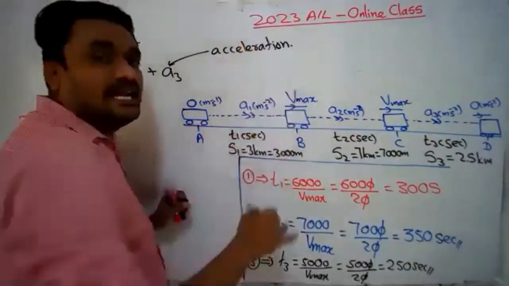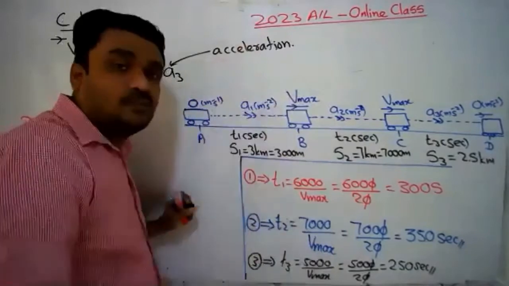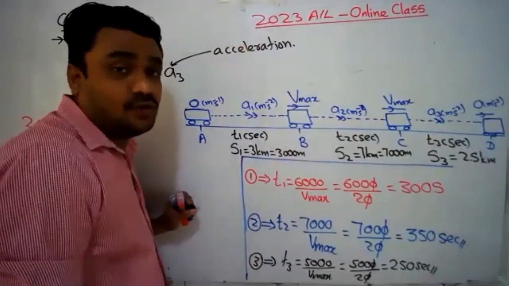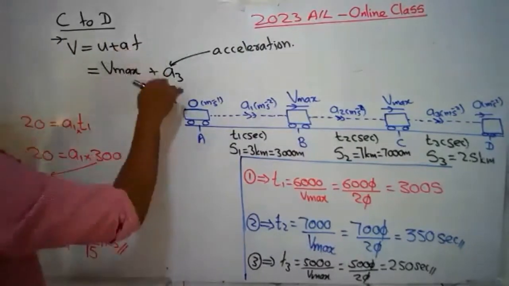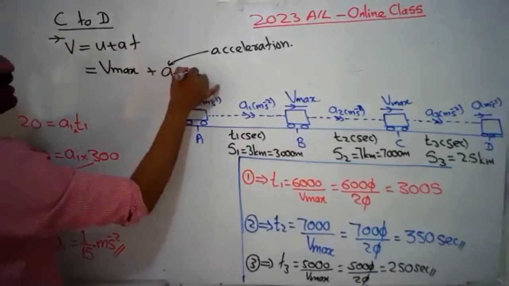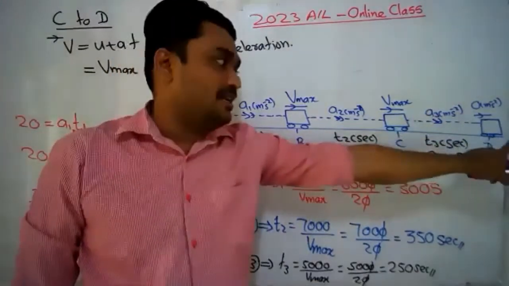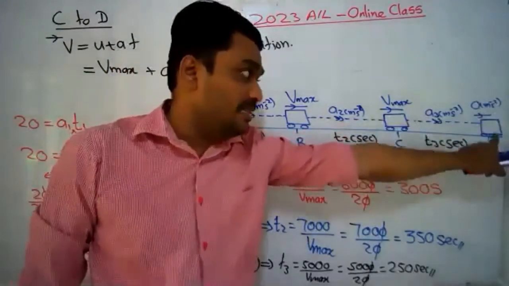So please remember that in all the linear motion equations, simple A represents acceleration, not deceleration. So A means acceleration. Therefore, A3 is also acceleration. Time is T3. In CD section, the final velocity means velocity at the point D, that is 0.